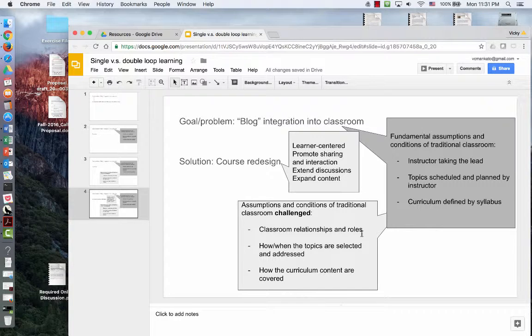And we will challenge these initial assumptions and conditions by asking questions like, can these assumptions be changed, or should these assumptions be changed? So this type of analysis allowed us to understand the nature of the problem and enabled us to design a solution that can address the problem at a more fundamental level.